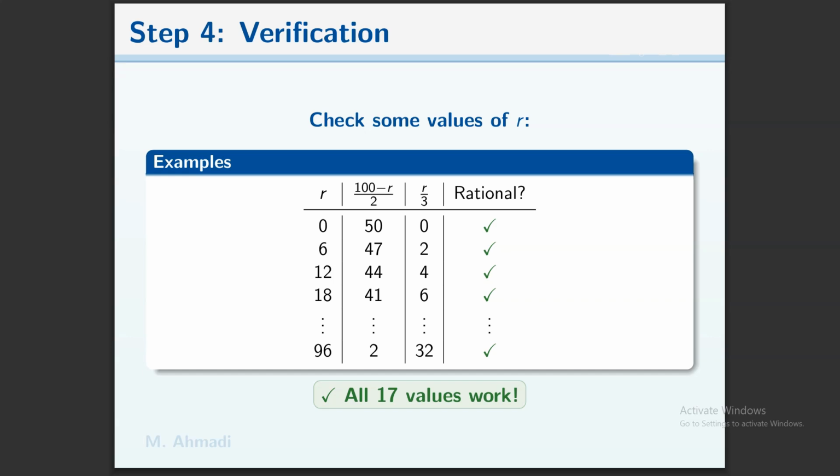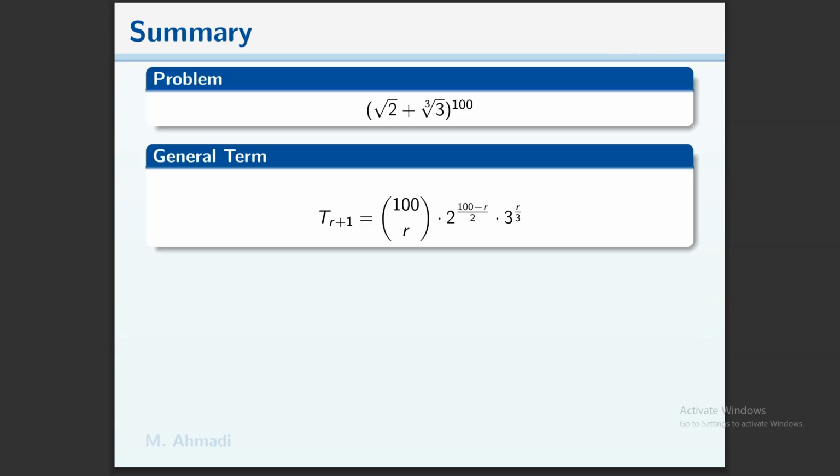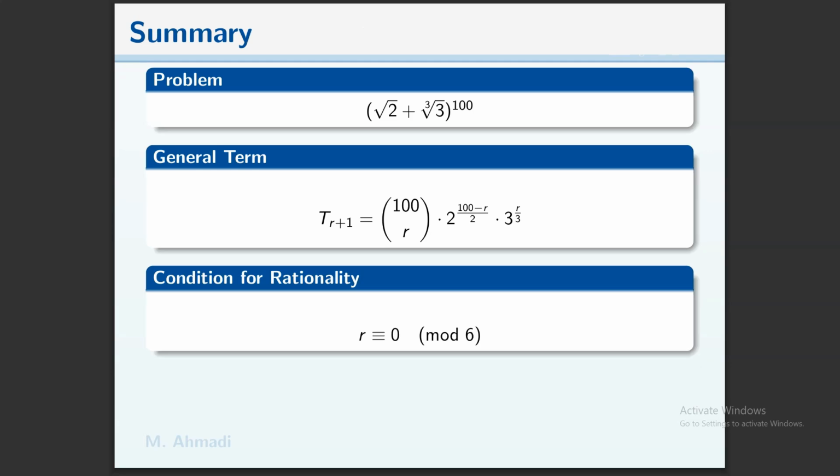Also for r/3, when r equals 0, r/3 is 0, and for r equal to 96, r/3 is equal to 32. So we can see that the values of (100−r)/2 and r/3 are integers, so all 17 values work, and we have 17 rational terms in this expansion.